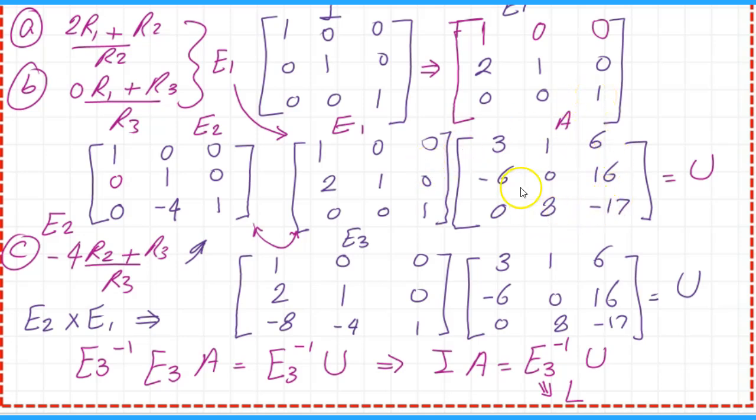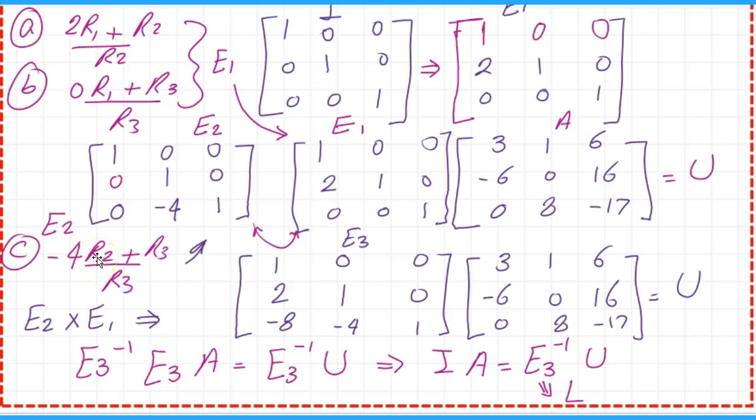This is the A matrix. We will put the E1 matrix at the left side of that matrix. We need to represent the third operation that will convert A to U, but we are going to put it at the left side of E1. We want minus 4 times R2 plus R3.